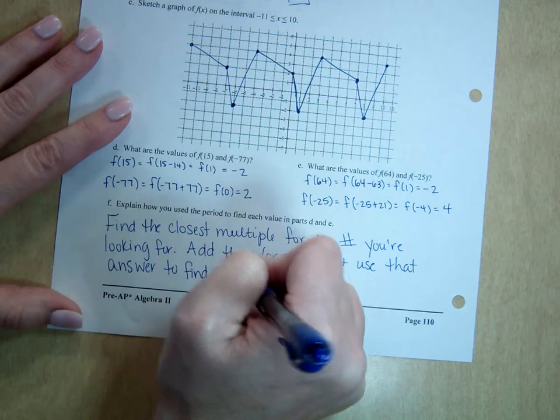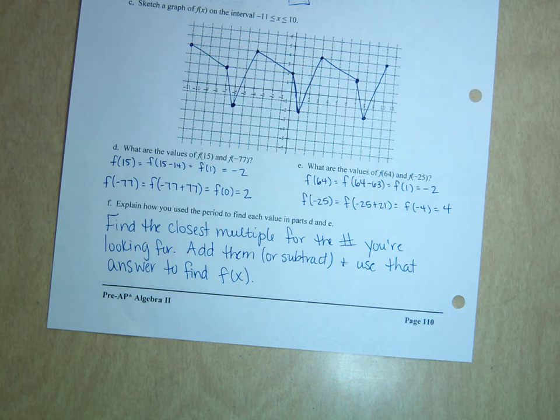So find the closest multiple for the number that you're looking for, add or subtract, and use that answer to find f of x.